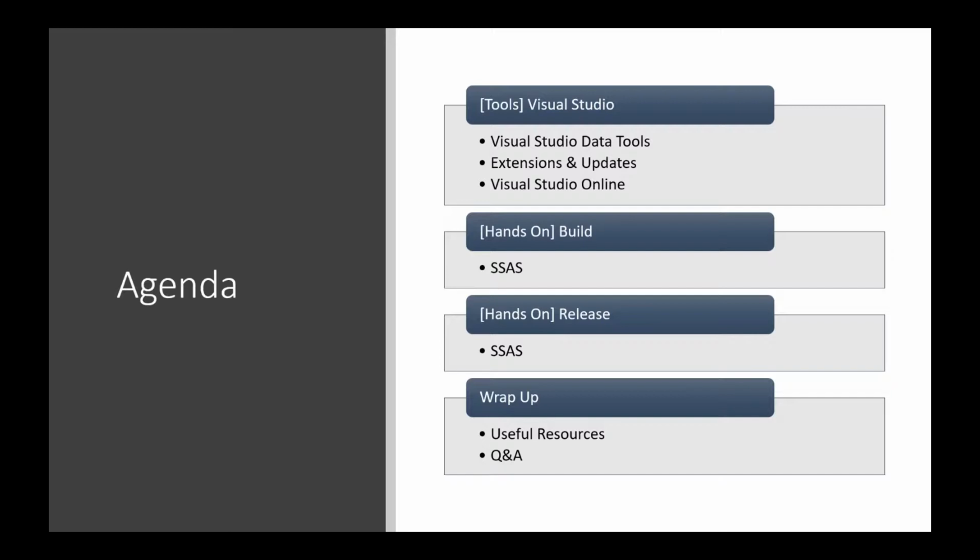When we are at the wrap-up, we will have witnessed a complete check-in through Visual Studio, automatically built and automatically released to a server in Azure Analysis Services. Questions can come as we go. Otherwise, we'll have a wrap-up at the end.